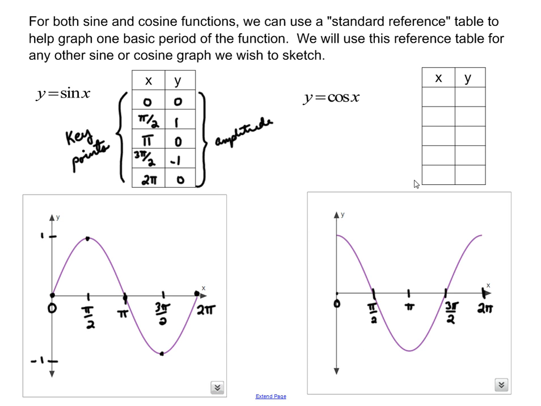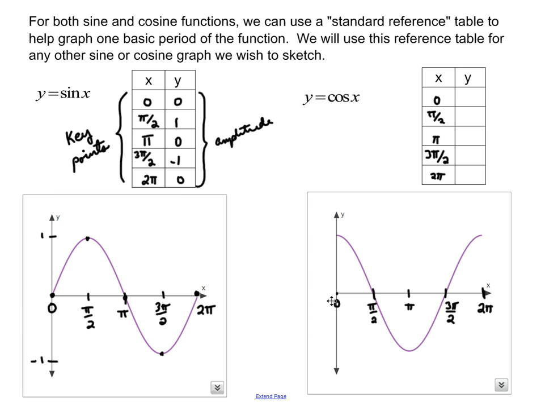What happens at each of those points? Well, just like we did for sine, we're going to get our key points at 0, pi over 2, pi, 3 pi over 2, and then 2 pi for one full period.